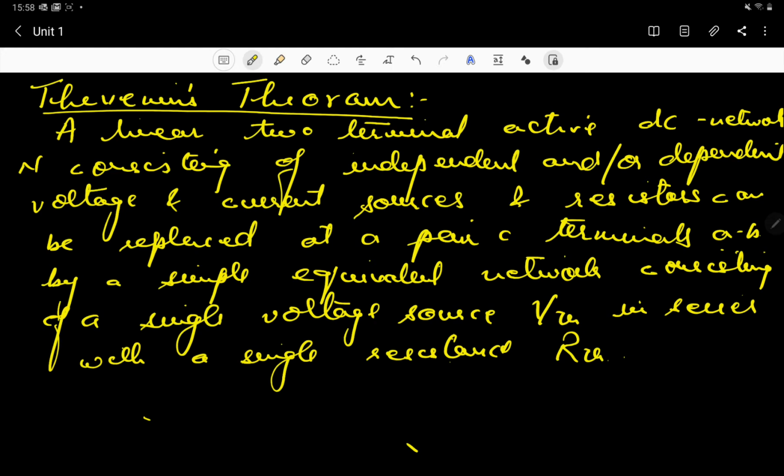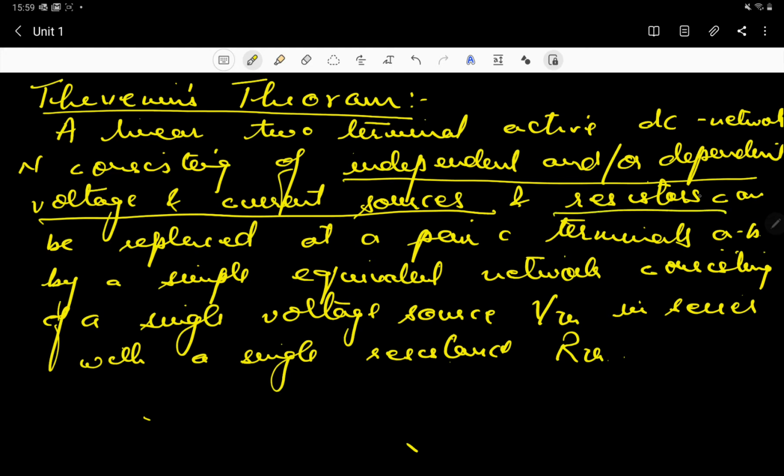A linear two-terminal active DC network consisting of dependent and independent voltage and current sources. Voltage and current, both the sources can be there in the circuit, and the resistors. Since it's a DC network, that's why resistors only. In case of an AC circuit, it can be resistors, inductors, or capacitors. Can be replaced at a pair of terminals AB. What is that particular terminal AB?